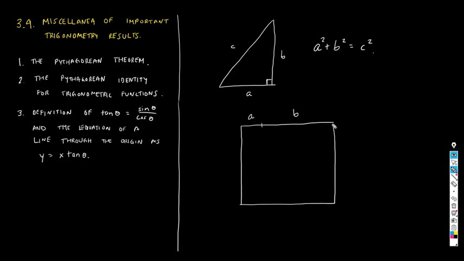Like you're gonna go B, and then A, and then B, and then this is A, and then B, and then A, and then B, and then A again. Okay, like that.